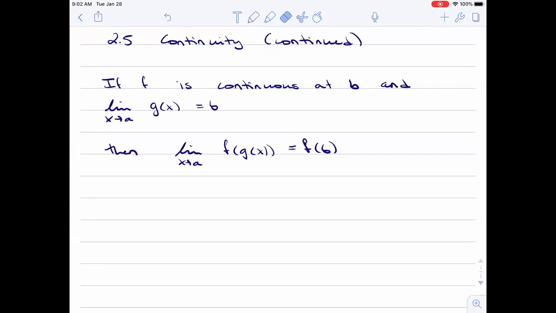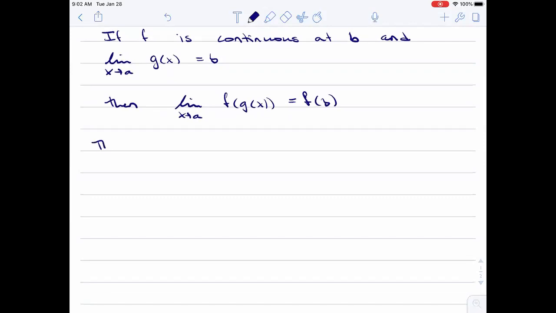If you just think about it, that's reasonable to say: the limit at a of g was b, and f was continuous at b, so of course the limit at a is f of b.